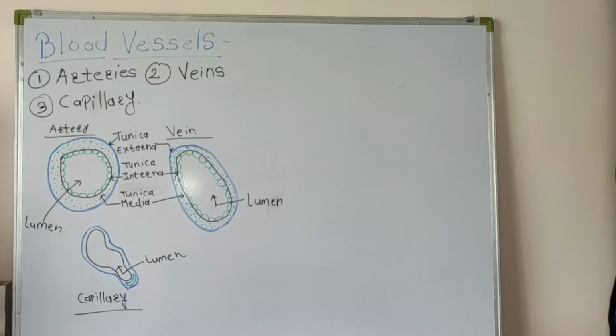The blood vessels carry blood. We already know that blood vessels carry blood from the heart and then pass it all over the body. But these blood vessels further branch into arterioles and capillaries. The main function of the artery is to carry oxygenated blood and pass it all over the body.